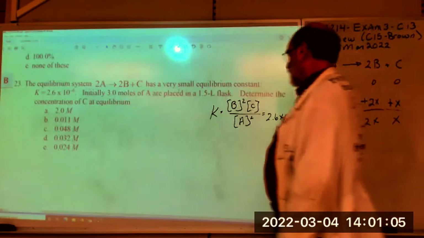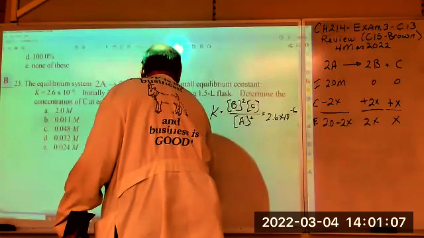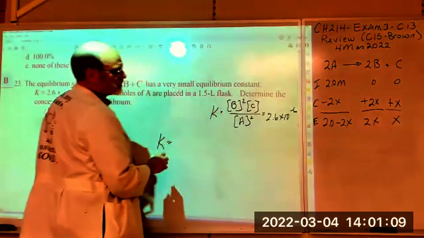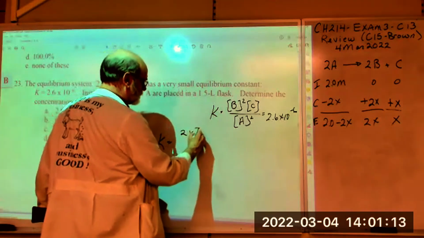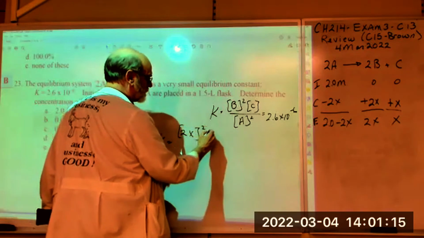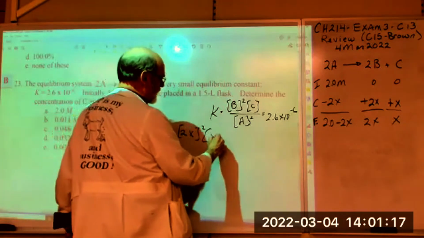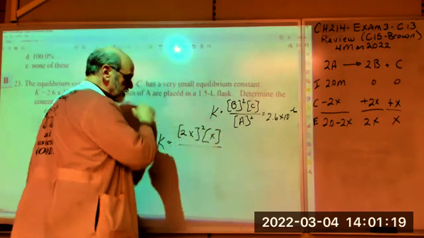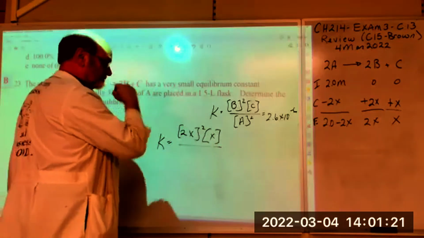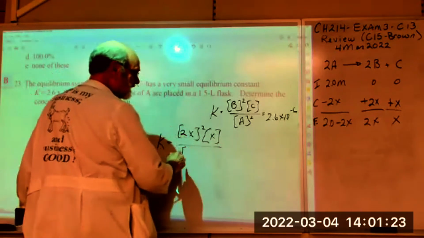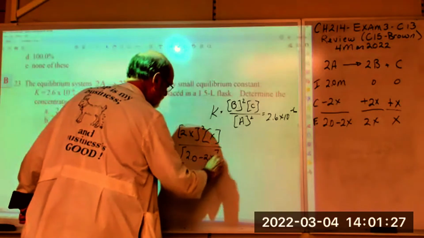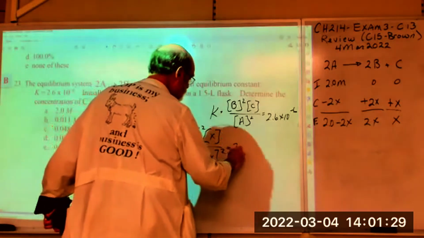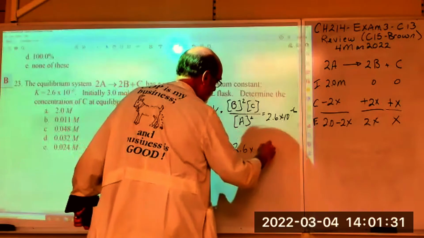Okay, so if we plug those values in for B squared, we'd have 2x squared, and then C would be x. And then in the denominator, 2.0 minus 2x squared. And that's equal to 2.6 times 10 to the minus 6.